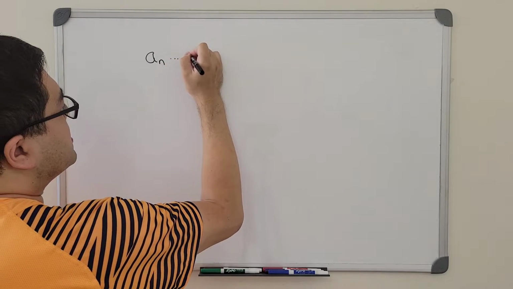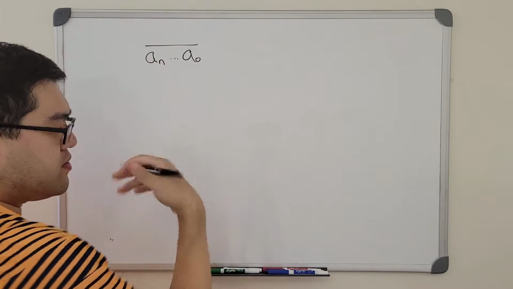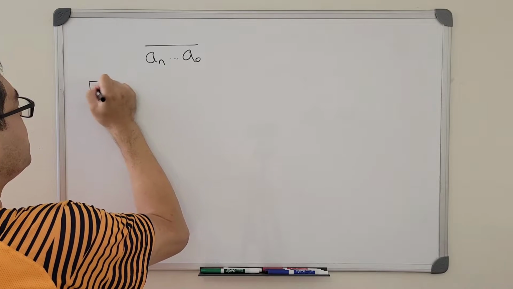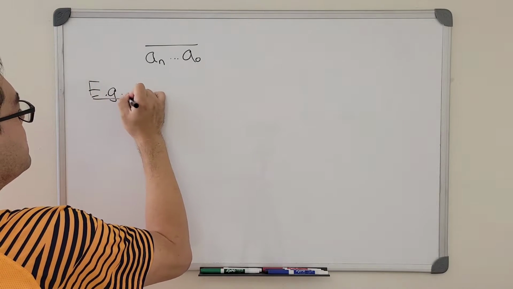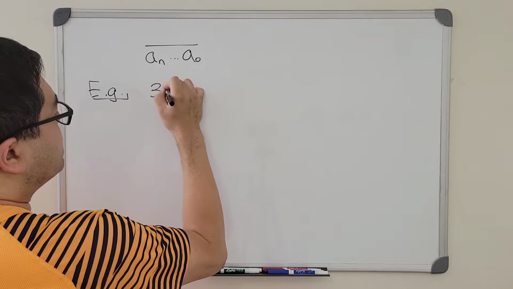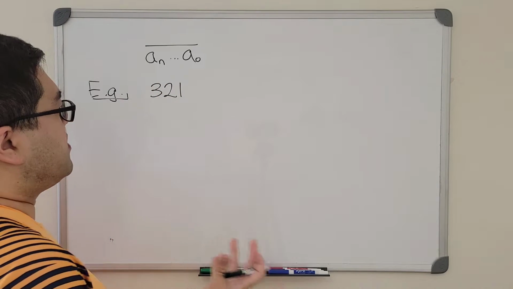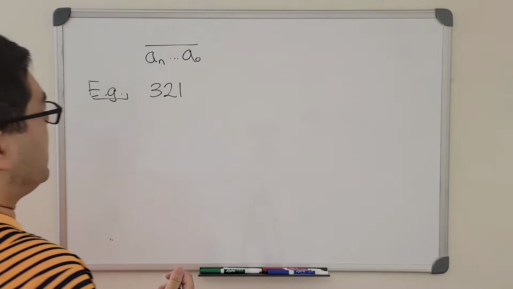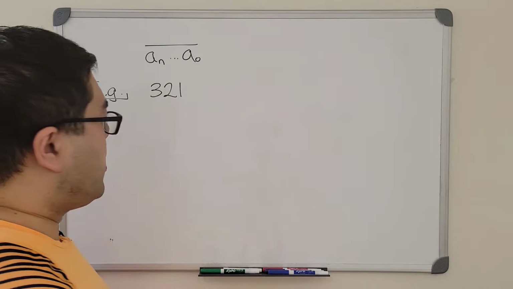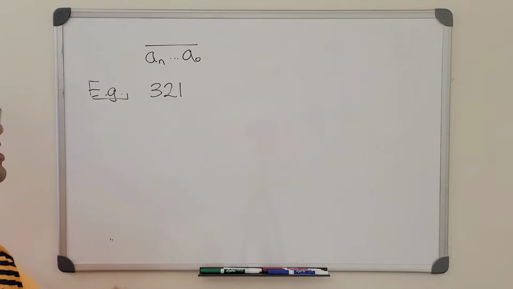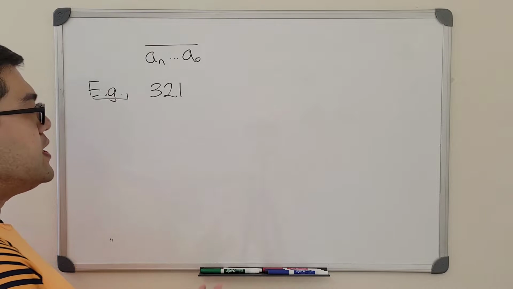Generally speaking, we'll list it like this. And let me give you an example, such as the number 321. Well, this is clearly a multiple of 3, right? But let's say we don't know, how can we quickly check if it is a multiple of 3?